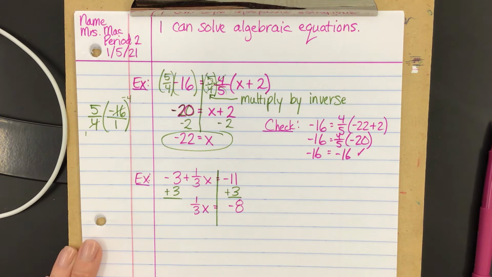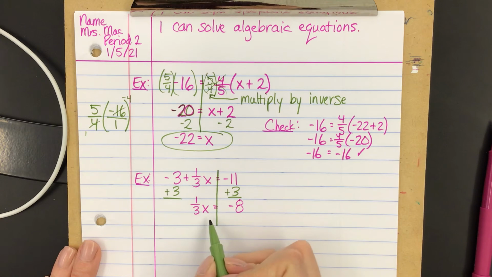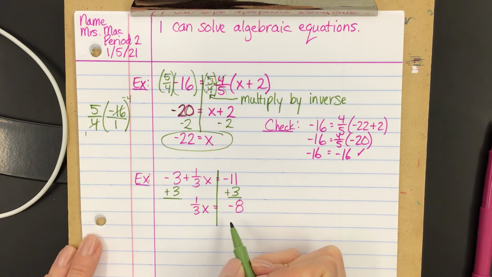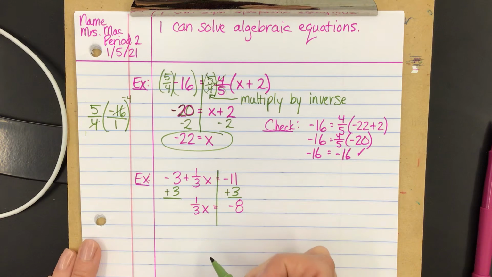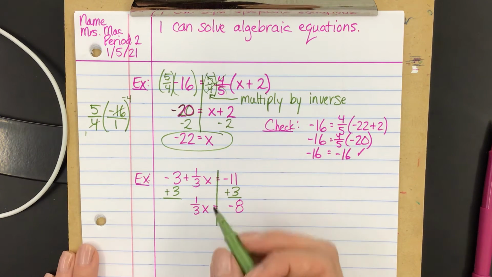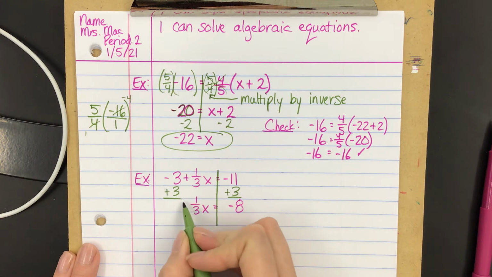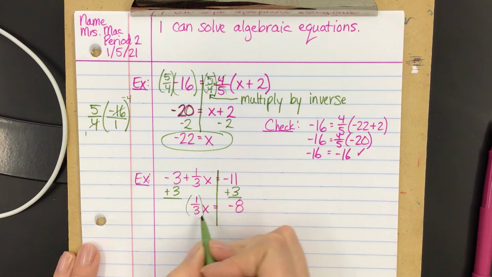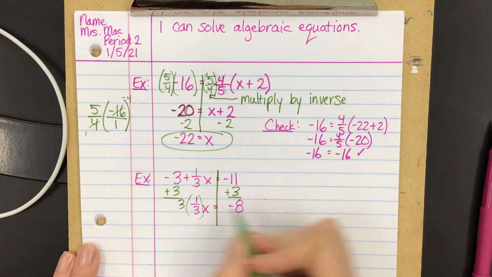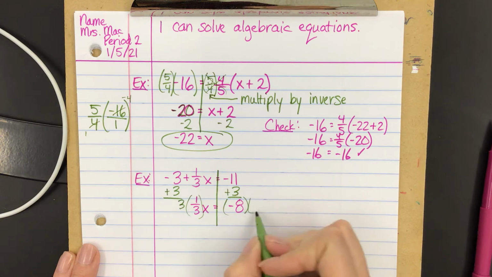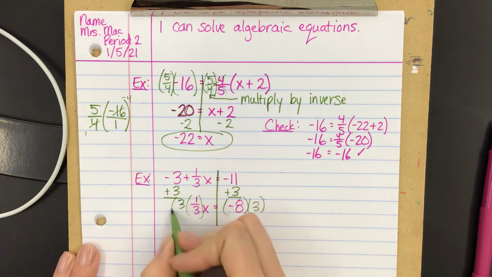Okay. Now, instead of dividing both sides by 1/3, because that gets messy and students tend to make a lot of mistakes when they do that, I'm going to multiply both sides by the inverse of 1/3. The inverse of 1/3 is just 3. Okay? So I'm going to multiply by 3 here, and I'm going to multiply by 3 here.